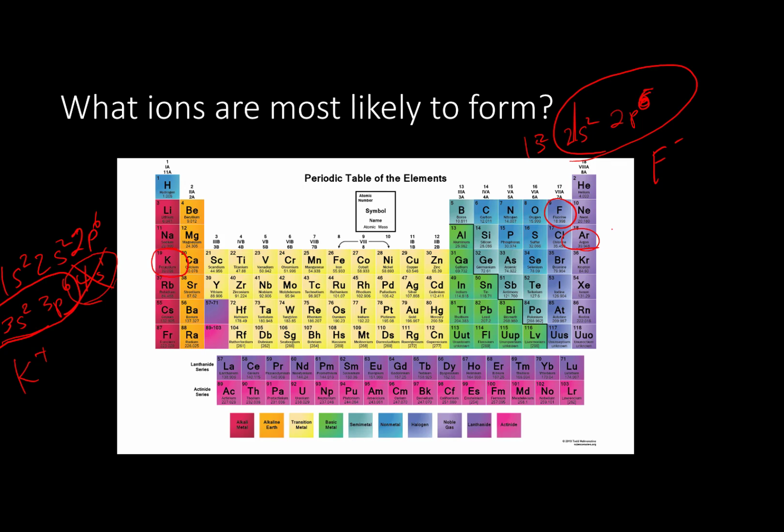It has achieved its life goal, and so when a potassium comes across a fluorine, that is a perfect match in the sense that these guys are going to definitely want to get together because potassium is very generous. It has an electron that it has no use for, and it wants to give it away essentially.